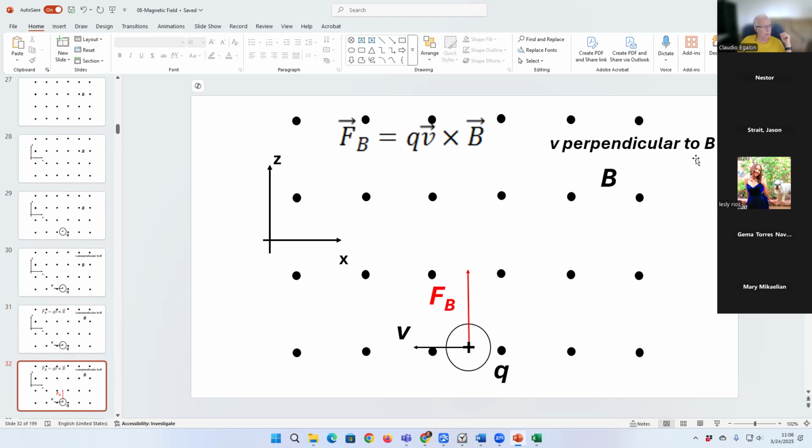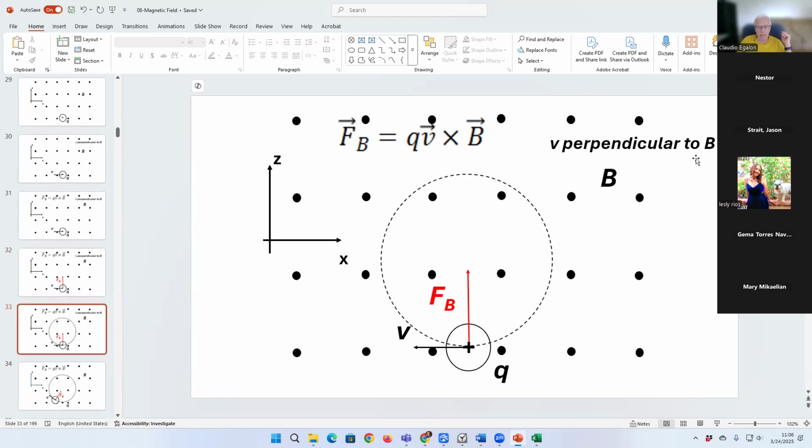Magnetic force is perpendicular to the velocity vector. And every time that we get a force perpendicular to the velocity vector, we are going to get what type of motion? We're going to get a circular motion. Remember that? Especially if the magnitude of the force is constant.